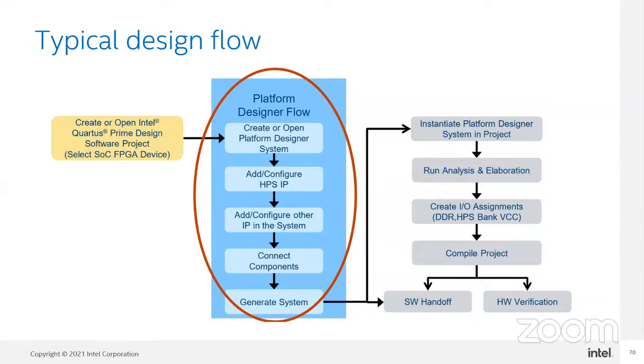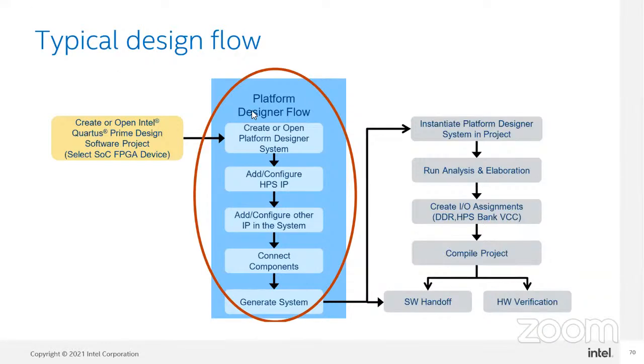So you can see that we open the Intel Quartus Prime design software project, which is already selected for the SoC FPGA. From there, you move on to the Platform Designer, and you configure and connect all the components and generate the system. And from there, you instantiate the Platform Designer project, run analysis and elaboration, and then compile the project.